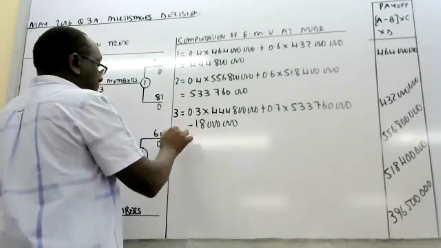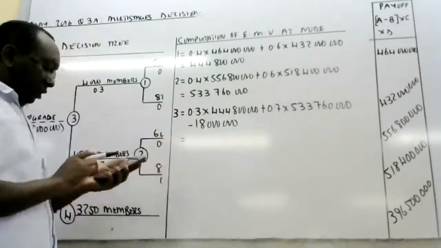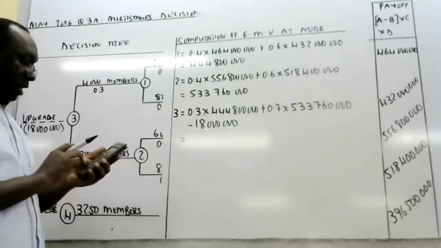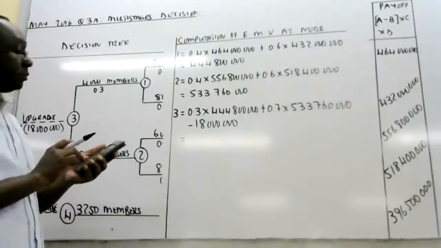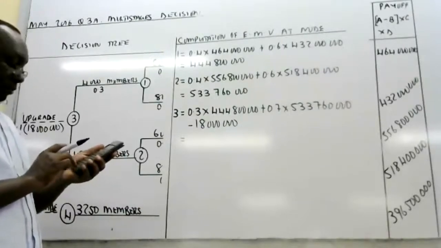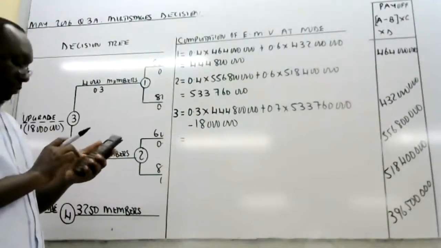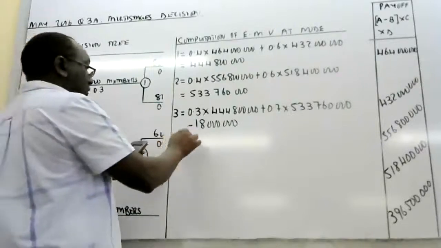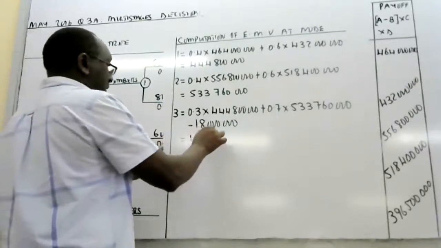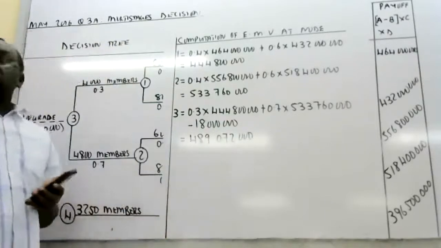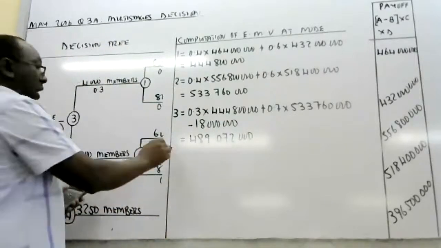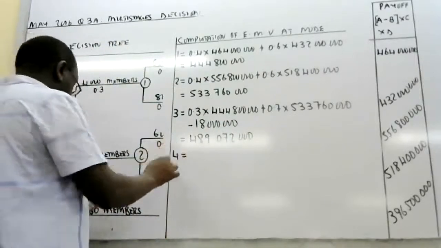So this will be 489,072,000. And we go to number 4.